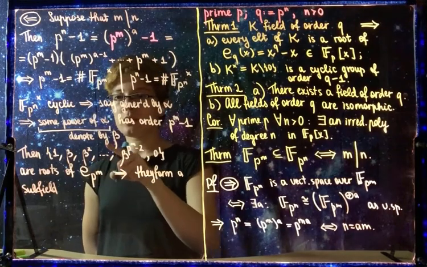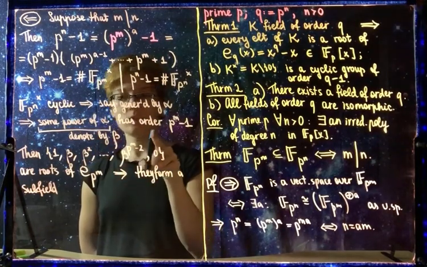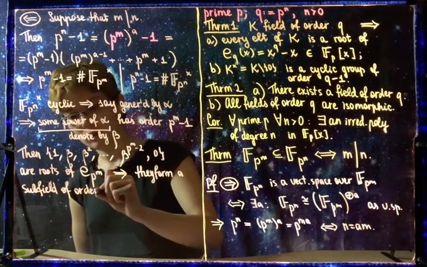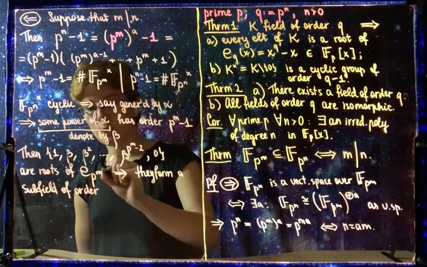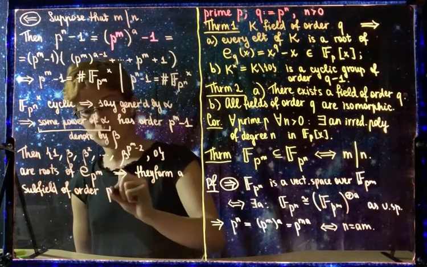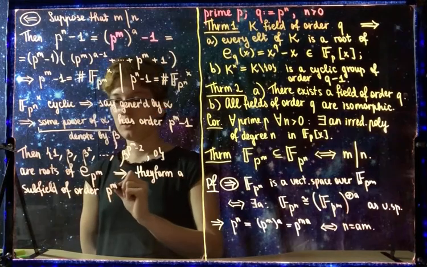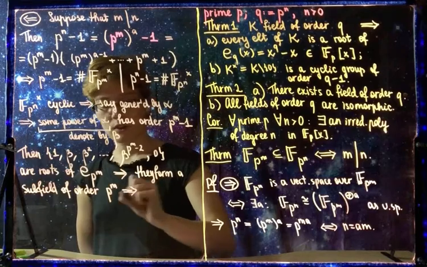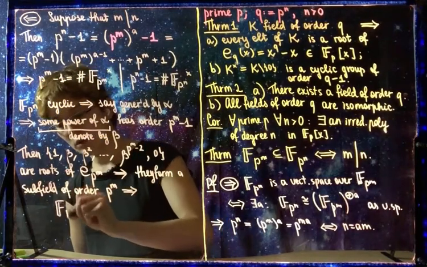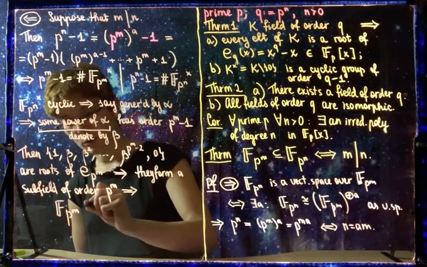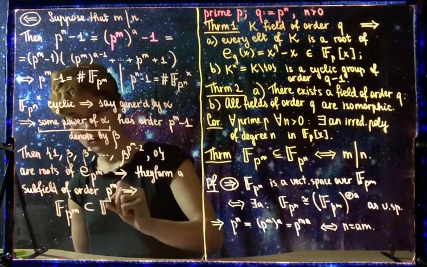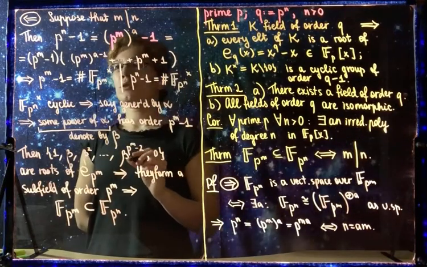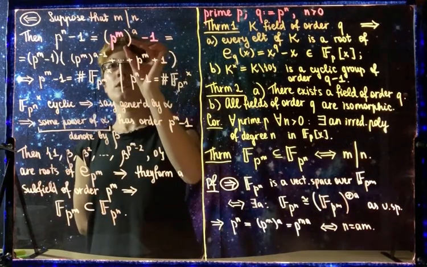And moreover, because we know the order of beta, we know that there are exactly p to the power m roots of this polynomial. And so we got an inclusion of F sub p to the m into F sub p to the n, using the fact that m divides n.